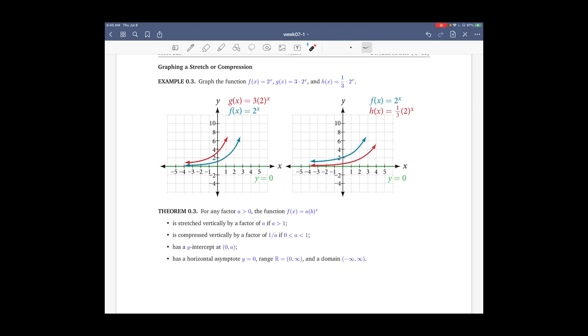Likewise, if you want to obtain the graph of the function 1/3 times 2 to the power x from the graph of the function 2 to the power x, you need to compress by a factor of 3. So you take the blue curve, and then you divide each y coordinate by 3, meaning you compress by a factor of 3.